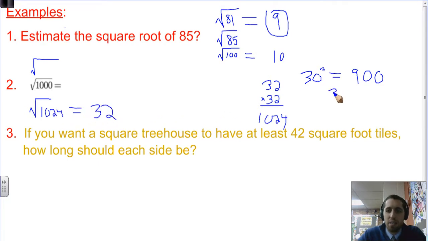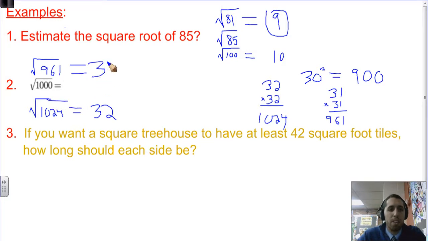and I can do the same thing for 31. So 31 times 31, 30 times 30 is 900. 31 groups of 30 would be 930, but then 31 groups of 31 would be 961. So the square root of 1,000 has to be between the square root of 961 and the square root of 1,024.